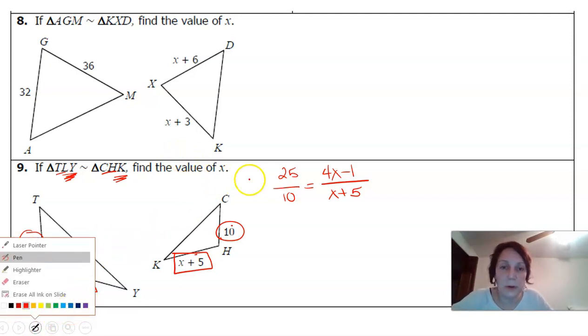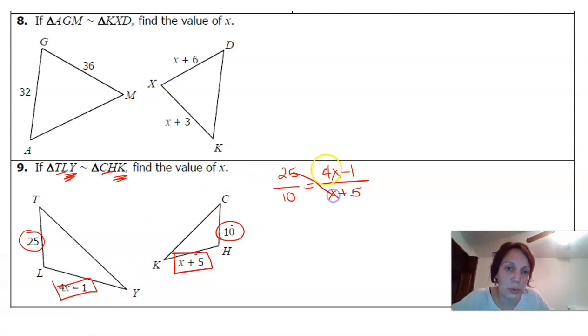All right, do a cross multiply. I tried to change my color. Okay, so on the left, I'm going to have 25 times x plus 5. Again, the parentheses are key. If you forget the parentheses, you will not have the right equation. And on the right-hand side, I'm going to have 10 and 4x minus 1.